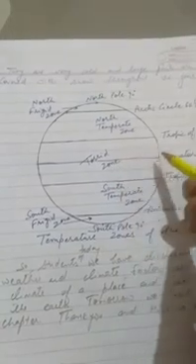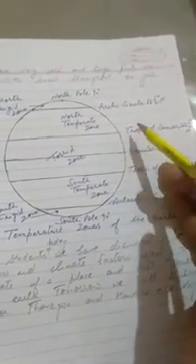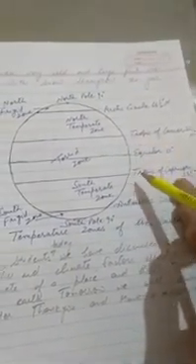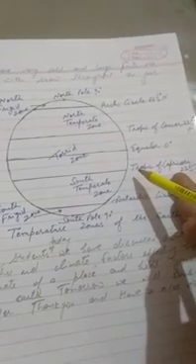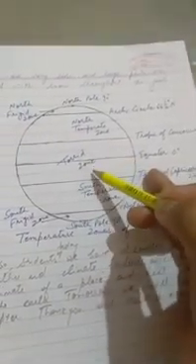In the diagram, we see that the area on both sides of the equator between the Tropic of Cancer and Tropic of Capricorn is called the torrid zone.